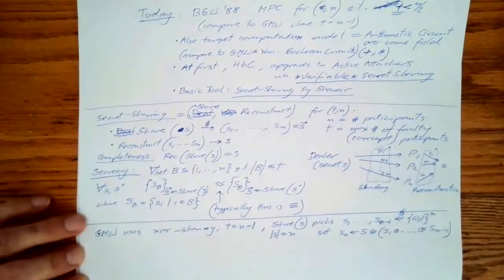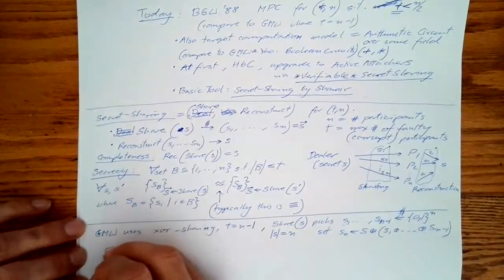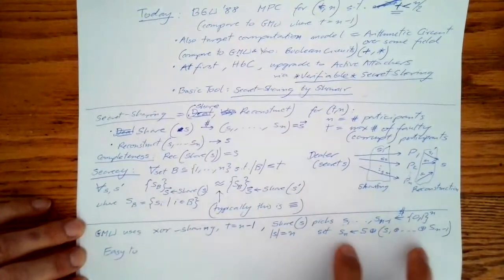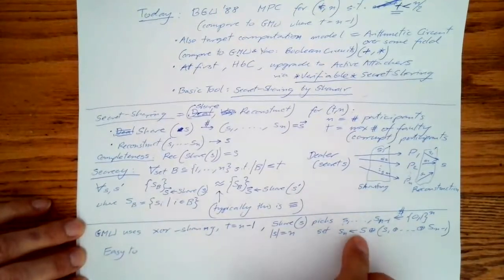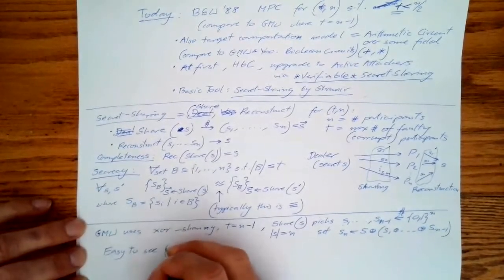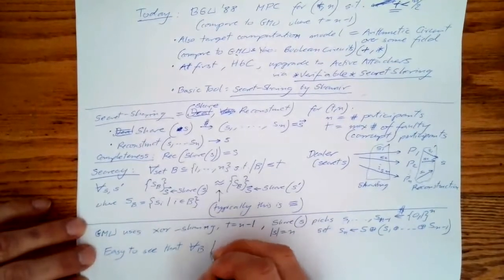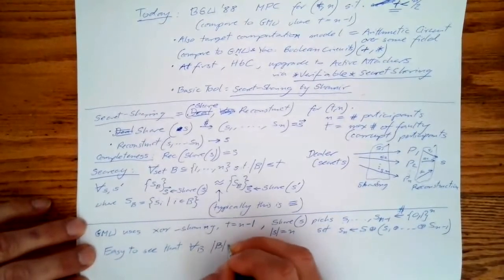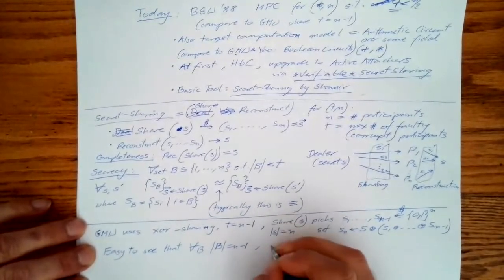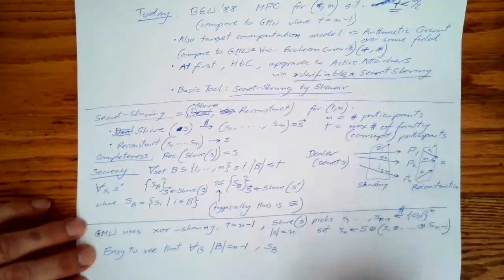Okay, and it's easy to see. So what is the reconstruction? Well, it's obvious. I take all the shares and XOR them, and I get back S, right? Easy to see that for all B which are of size 1 less than the full set, the vector of shares is created in this way.